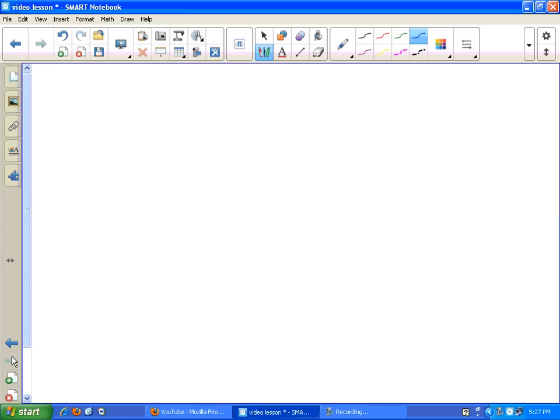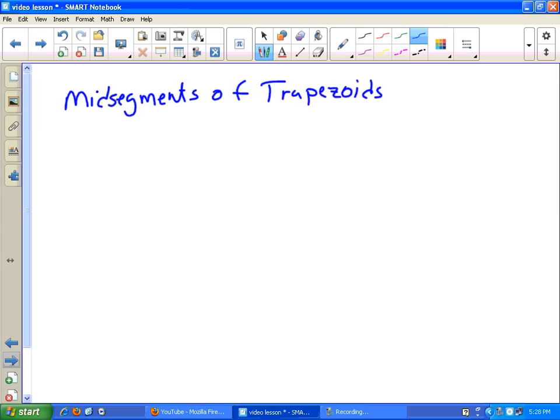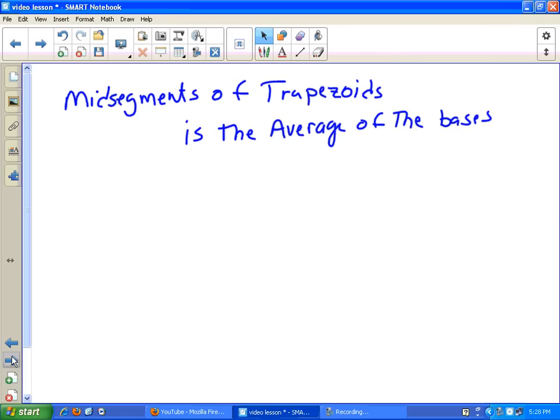Main thing to remember though today: mid-segments of trapezoids. The mid-segment of a trapezoid is the average of the bases. Second thing, kites.